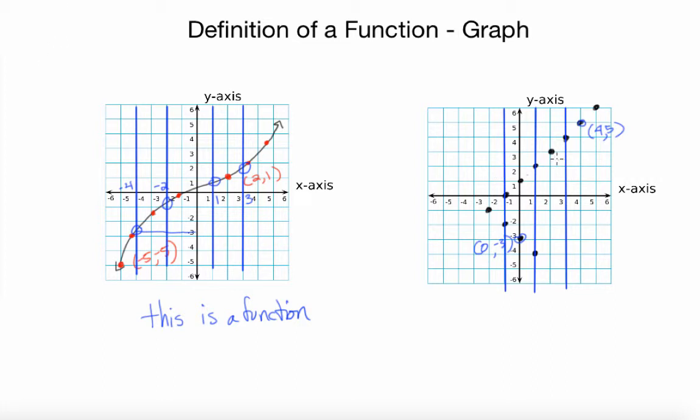So on this particular graph, I drew a vertical line here, and for an x value of 1, I can see that it crossed at a y value of 2, and for an x value of 1, I also had a y value of -4.